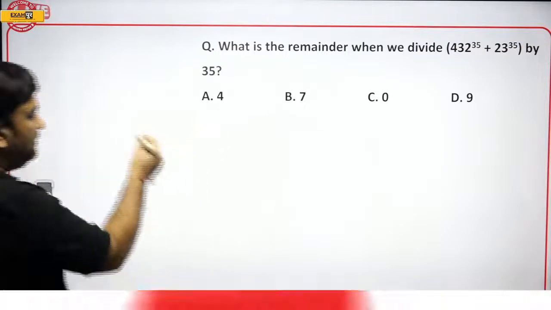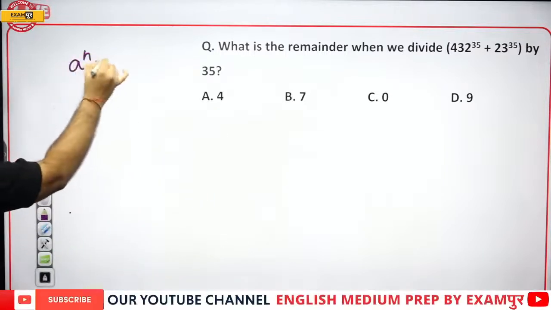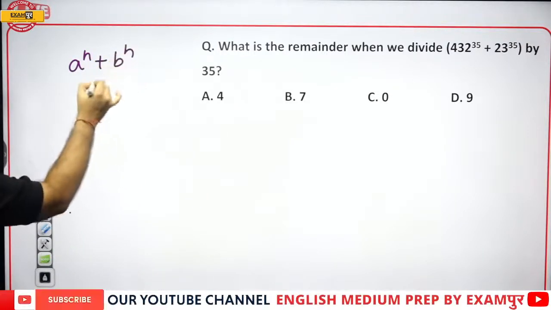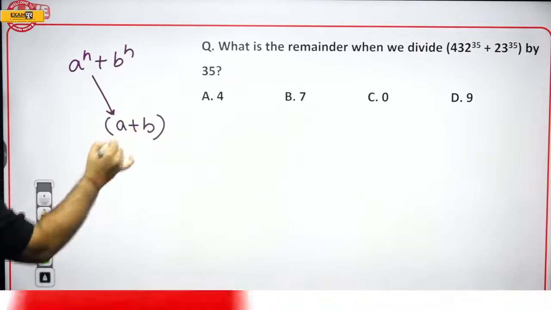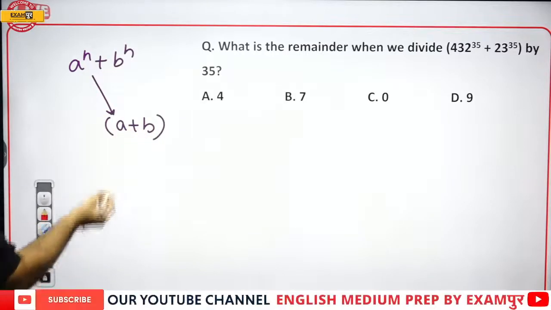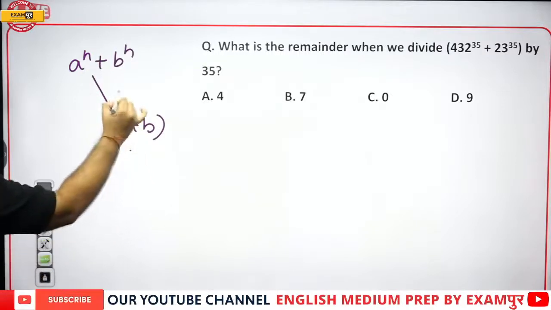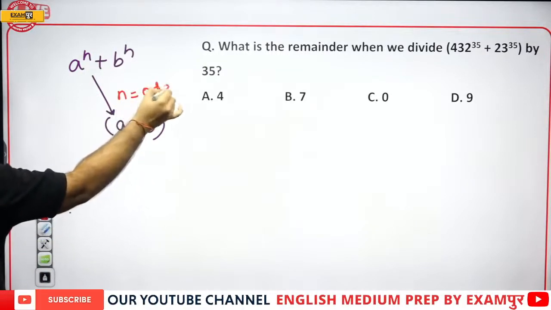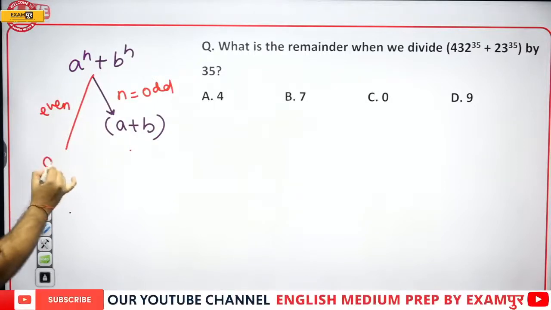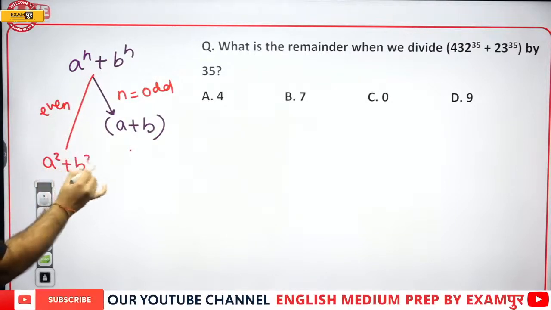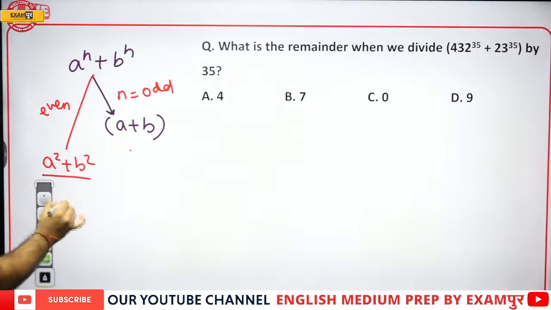a ki power n plus b ki power n can be divisible by a plus b in a condition. It can be divisible by a plus b when n is odd. If n is even, then the example is a square plus b square, you cannot make any factor.